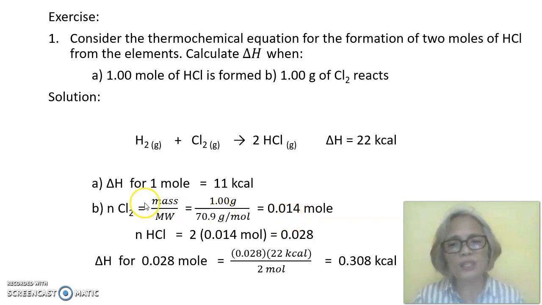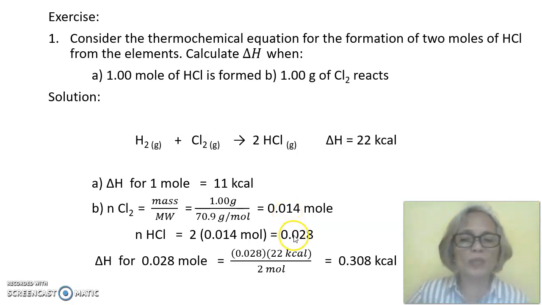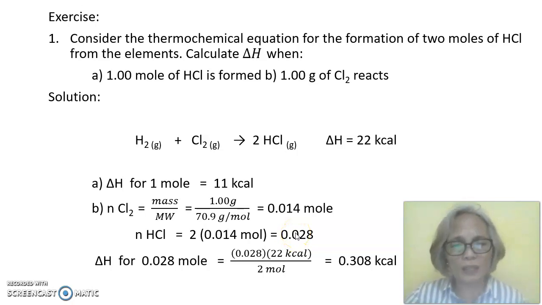However, that is just the number of moles of chlorine. We want the number of moles of HCl. From the reaction, 2 moles of hydrogen chloride is equivalent to 1 mole of chlorine. So 0.014 mole is equivalent to 2 times that, so 0.028 mole of hydrogen chloride gas. Therefore, the delta H for 0.028 mole is found by ratio and proportion.